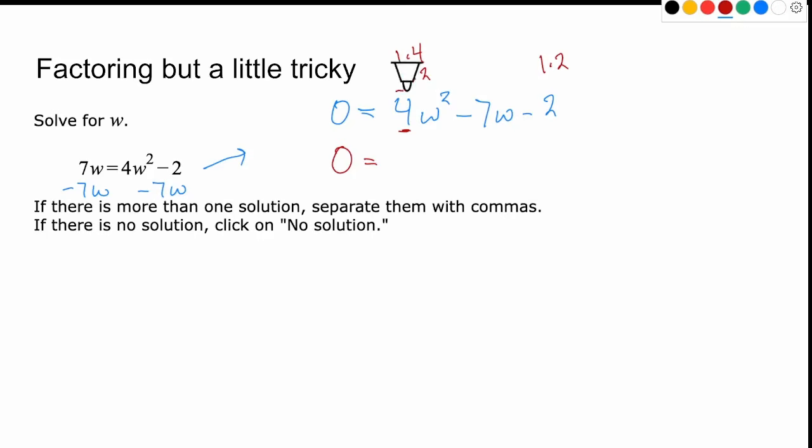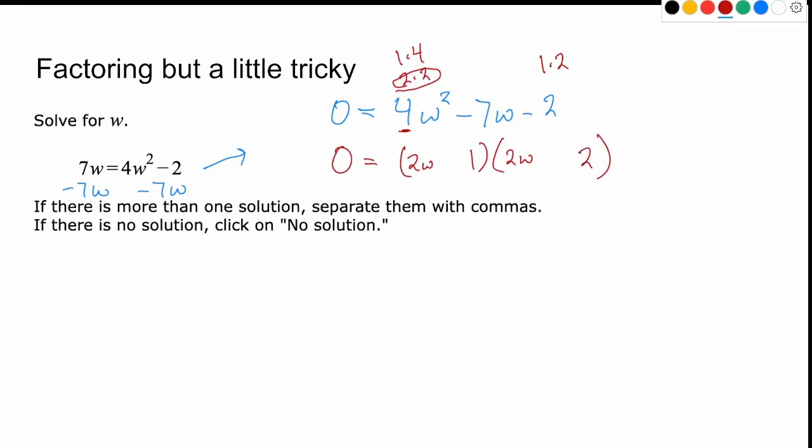It's a little bit easier to try 2 times 2 because if I do 1 and 4, then I've got to worry about positioning, but it might be the right answer, right? So when I go to factor this, I'm going to use 2w times 2w. And notice that'll give me my 4w squared. And then I've got a 1 and a 2.